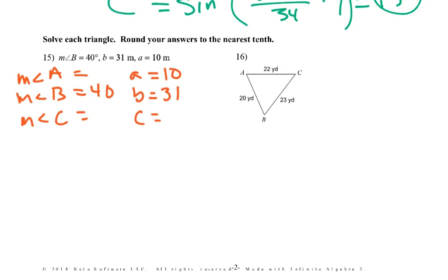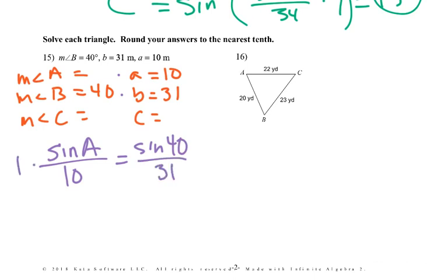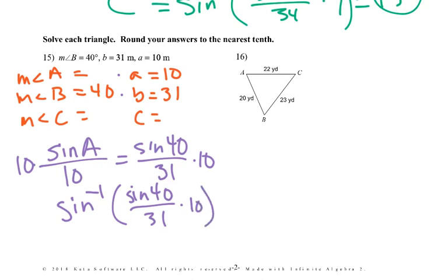Now, using law of sines, I can make a connection here. So sine of angle A over A would equal sine of angle B over B. Times by 10, take the inverse sine of the whole thing, and that'll give me angle A.